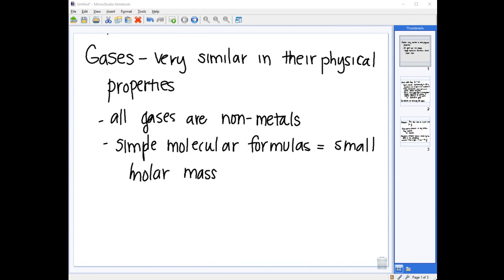And we know that sucrose is a huge molecule, and so it has a large molar mass. But when we look at gases, our gases are pretty simple. They may only be composed of one element. They may be 2 or 3 elements, but small numbers of each one of those. So we're going to have small molar masses for our gases.